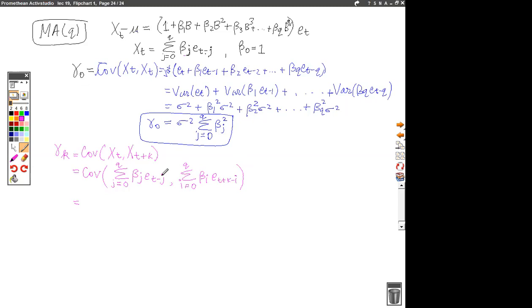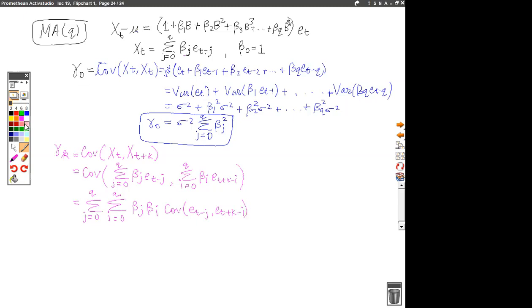So what I can do is rewrite it, taking the summations outside and the covariance inside. So I have summation j going from 0 to q, summation i going from 0 to q, and then beta_j and beta_i, these are just constants. So these have come out, and I have a covariance of e_(t-j), comma, e_(t+k-i).